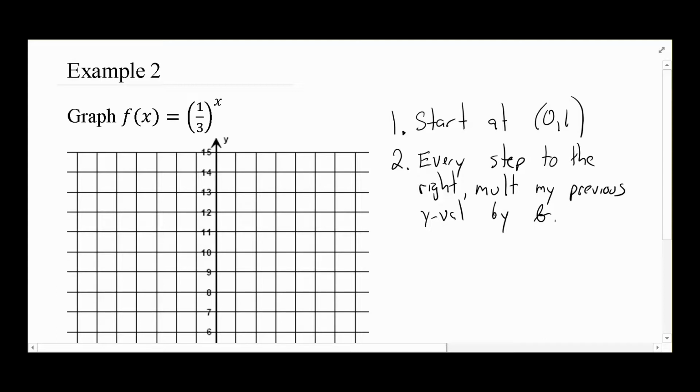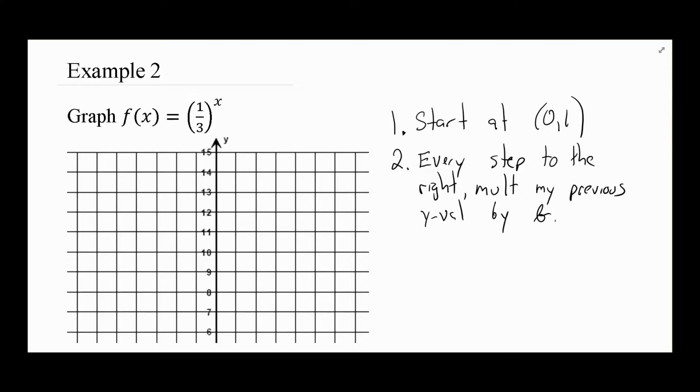We said every time I introduce a new x, the exponent increases by 1. If I increase the exponent by 1, what that means is multiply by the base 1 additional time. Let me repeat that. Every time we increase the exponent by 1, that means to multiply by the base 1 more time. That's not a super deep thing.